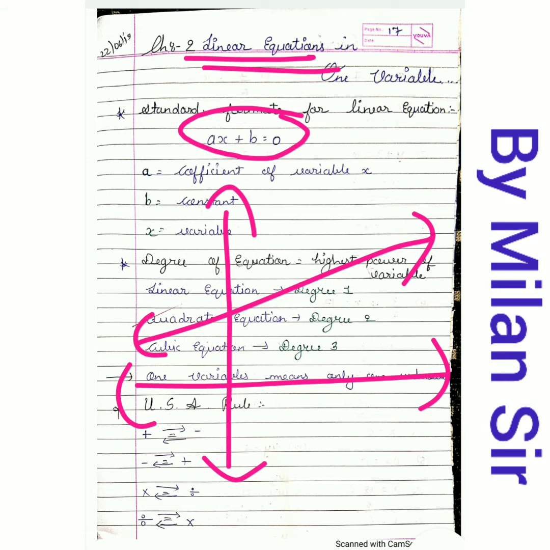That's why it is called linear equations. Linear means line. We always get a line in a graph. We can learn this graphical method in standard 9 and 10.